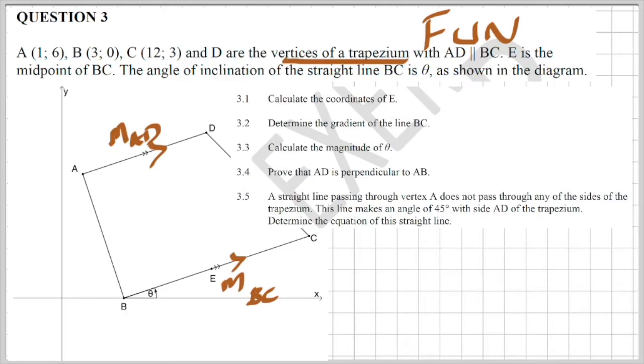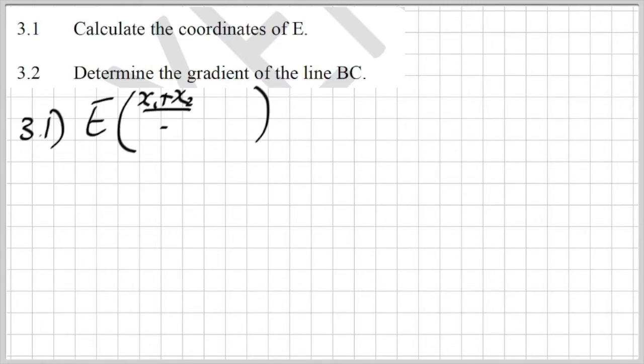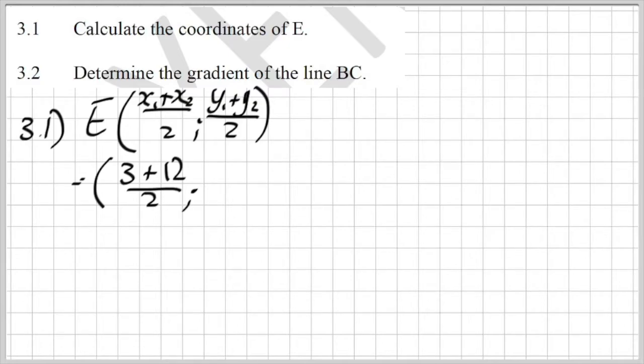So let's quickly look at the first question. It says, calculate the coordinates of E. Now, E is the midpoint of BC. So in other words, I'm going to start by writing out the formula for midpoints. But please be careful that there must be a semicolon in between, not a comma.